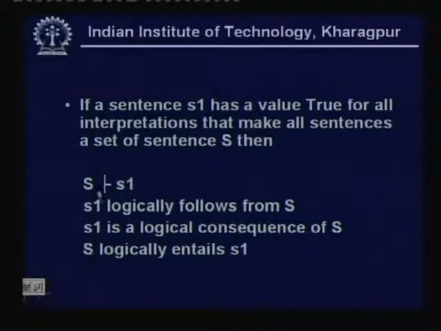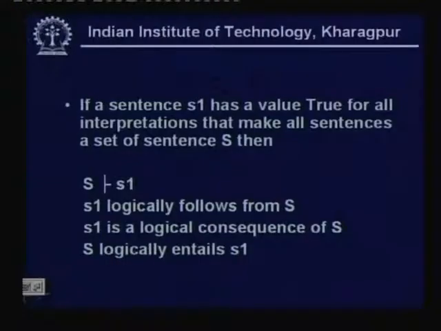In other words, S1 logically follows from S, or S1 is a logical consequence of S. So, we no longer remain vague about what it means when we say that this logically follows from that. A particular interpretation that makes the set of sentences S true will also make the new candidate sentence S1 true.